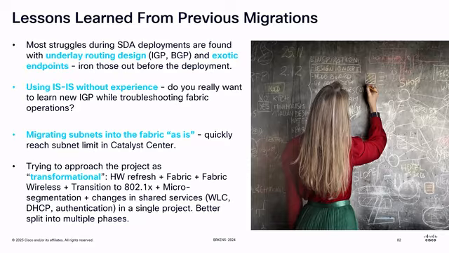And the longer it goes, people move on, priorities change, requirements change. My suggestion is just to take a phased approach. Do fabric first, keep everything else intact. Then do, let's say, wireless. Then do .1x, milestone by milestone, not all in one go.